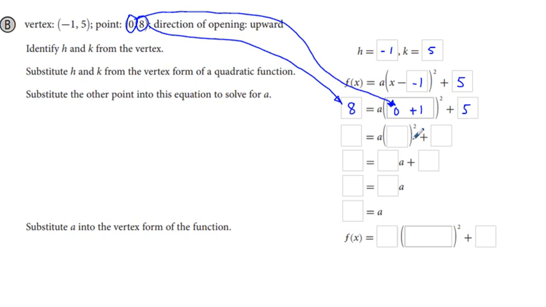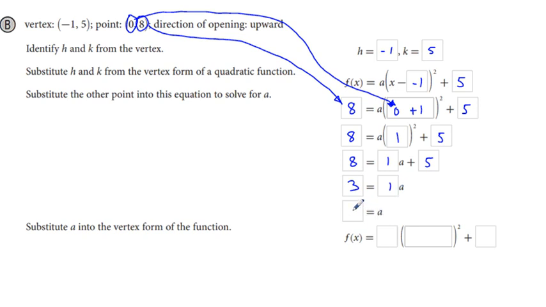So now we just go ahead and write this out. 8 is equal to 0 plus 1 squared, that's going to be 1 squared plus 5. And so we have 8 equals 1a plus 5. And then we subtract 5, so 3 is equal to 1a.